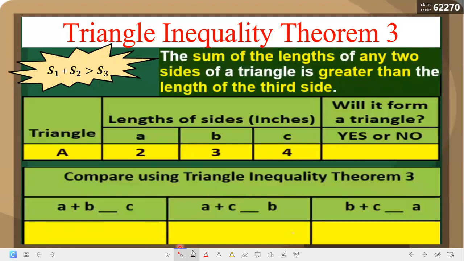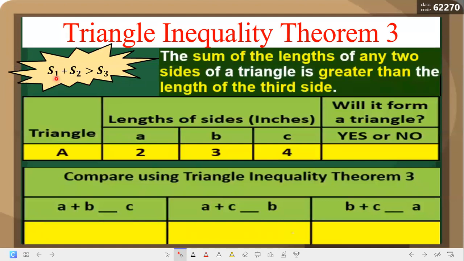Ayan. Ito naman po. So, Triangle Inequality Theorem number 3, it states that the sum of the lengths of any two sides of a triangle is greater than the length of the third side. So, not necessarily na sunod-sunod siya. So, ang susundin natin is itong comparison ng tatlo. Okay?